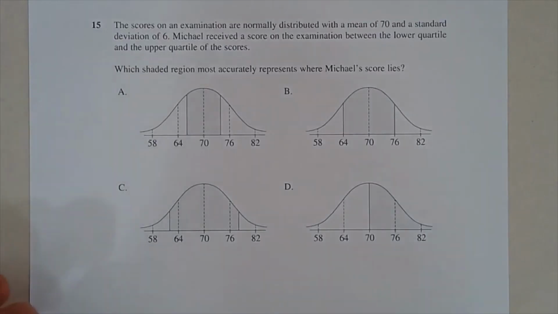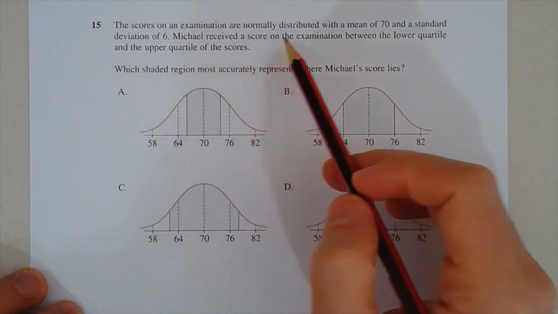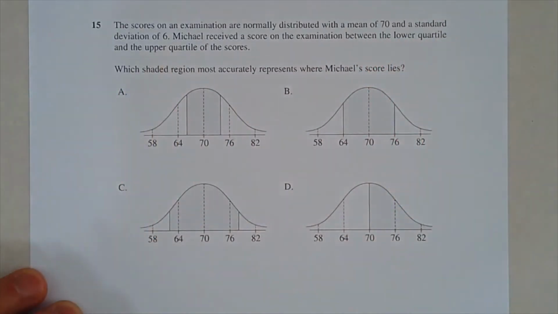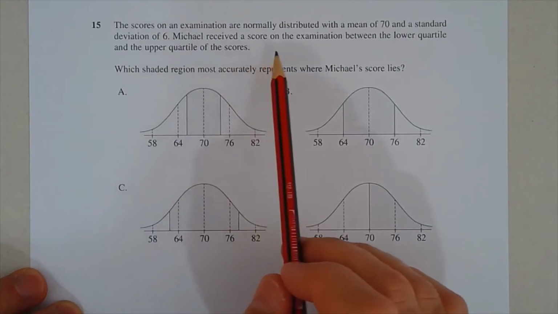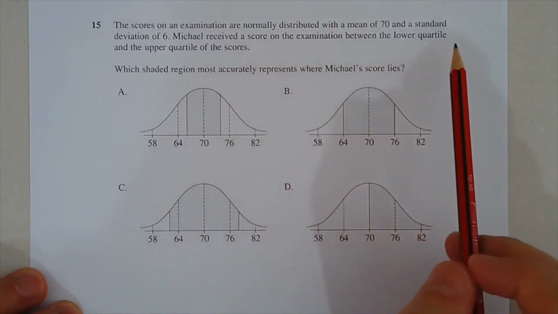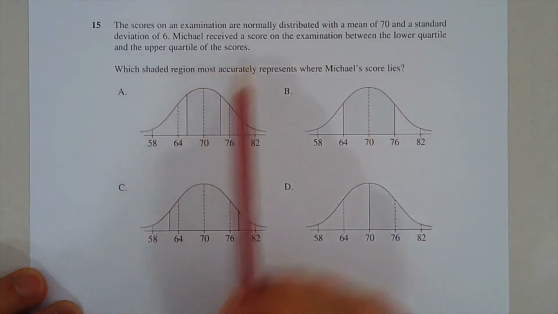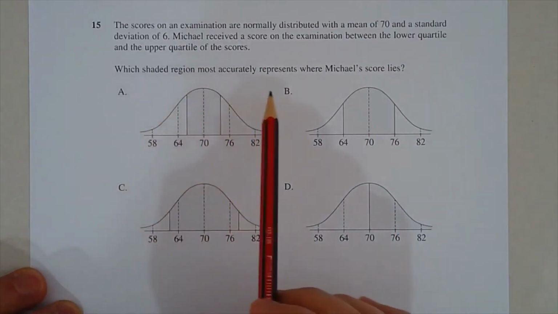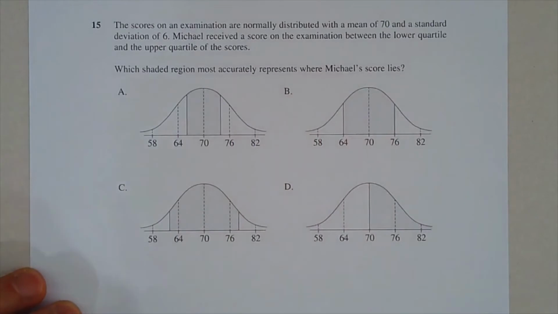Question 15. The scores on an examination are normally distributed with a mean of 70 and a standard deviation of 6. Michael received a score on the examination between the lower quartile and the upper quartile of the scores. Which shaded region most accurately represents where Michael's score lies?